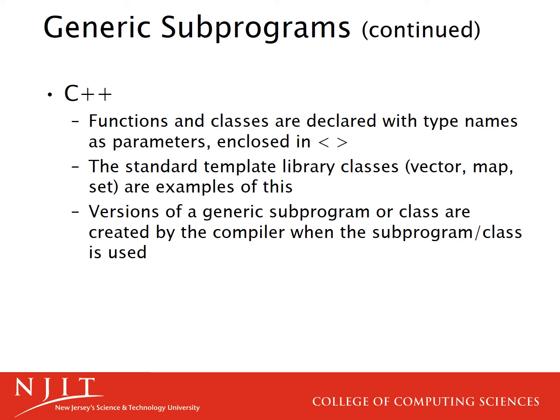So you create a generic declaration for this method or this class, parameterized by type. And when you use that method or you use that class, the compiler generates code automatically for you on use.